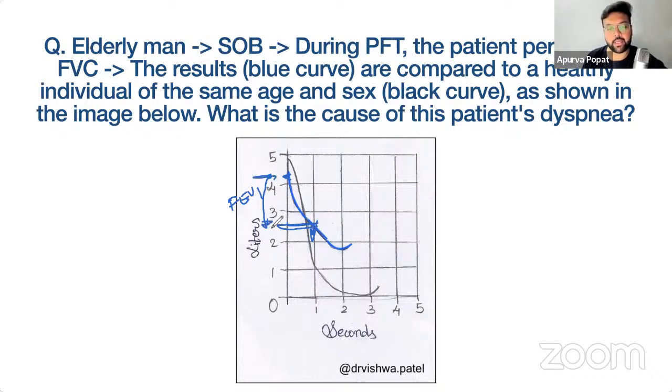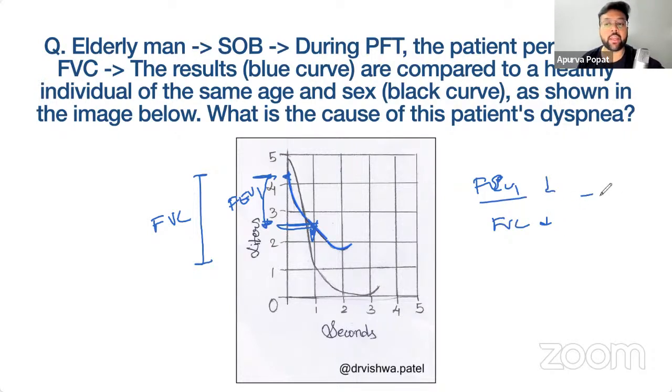From here to here is FEV1, from here to here is FVC, forced vital capacity. So both FEV1 and FVC are decreased in this patient. That's why we came to the diagnosis, okay, this is restrictive lung disease.